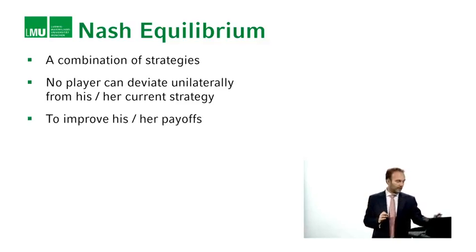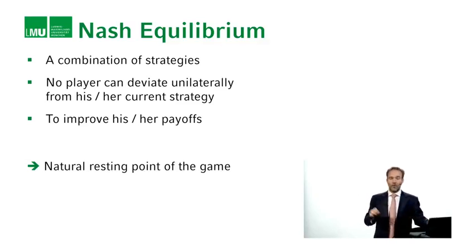It's a combination of strategies of multiple players. No player can deviate unilaterally. Unilaterally means that we keep the other strategy as given and we change one player's strategy to improve his or her payoff. So you cannot actually be more profitable if you change, assuming that the other player sticks to what they do. So that is therefore a natural resting point of the game.